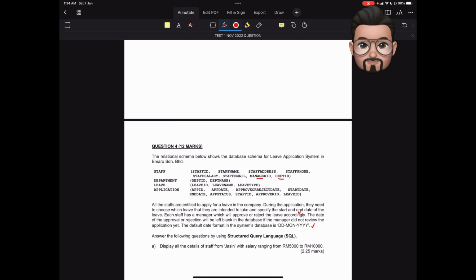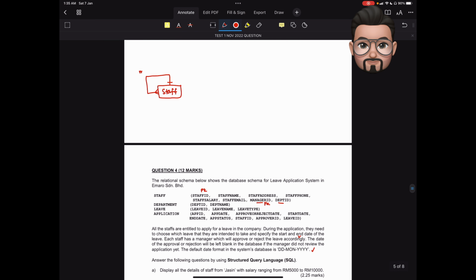So for staff, there's a recursive relationship: staff will manage other staff. This manager ID is the FK that will refer to this PK, so manager ID is equal to staff ID. That's the PK-FK relationship.